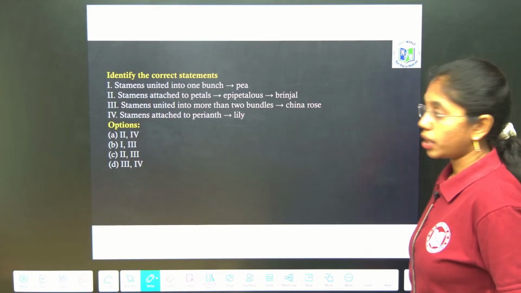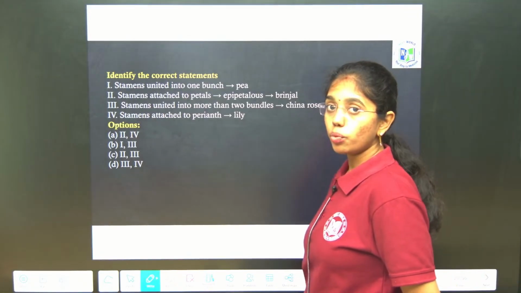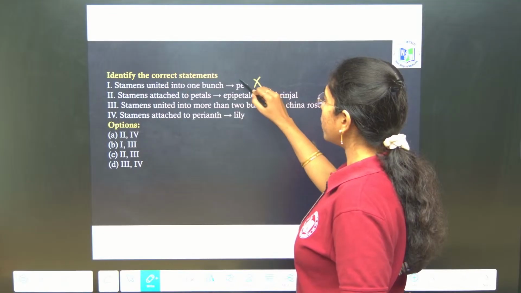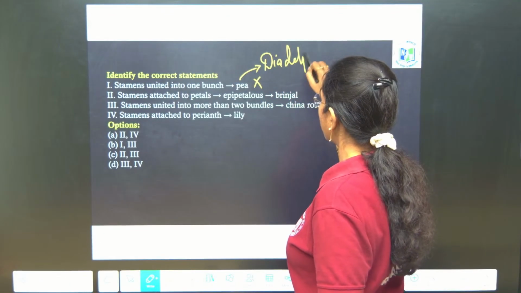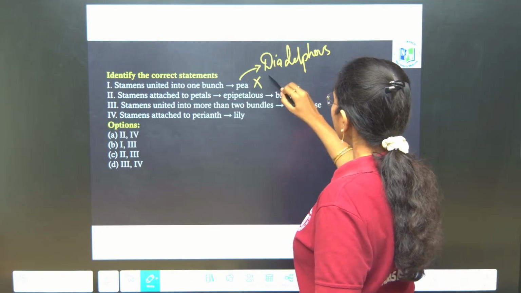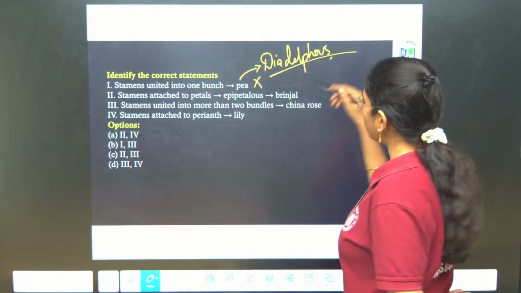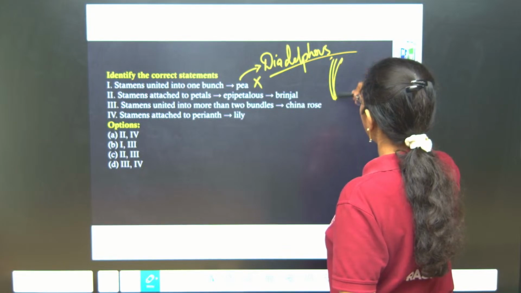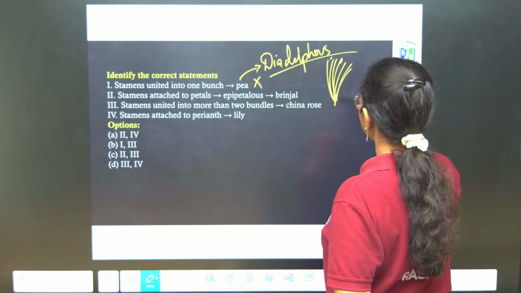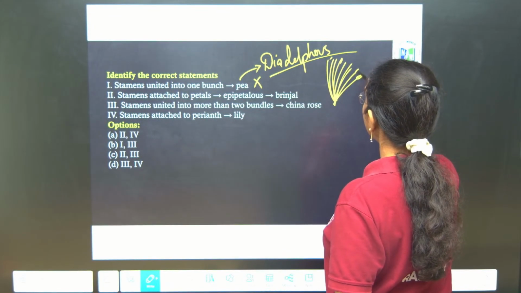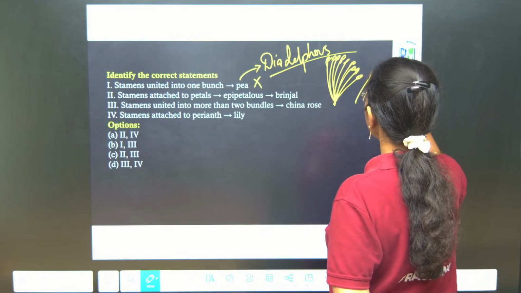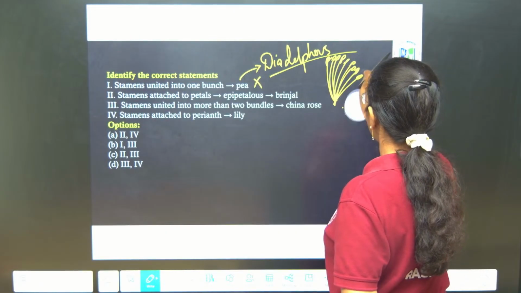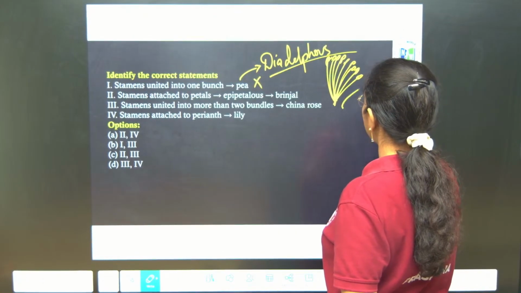Identify the correct statements. Stamens united into one bunch, not in P. In P you can see diadelphous condition, wherein stamens are united into two bunches. Total 9 stamens as one bunch and one separately forms the other bunch.